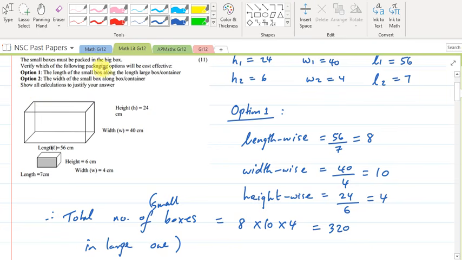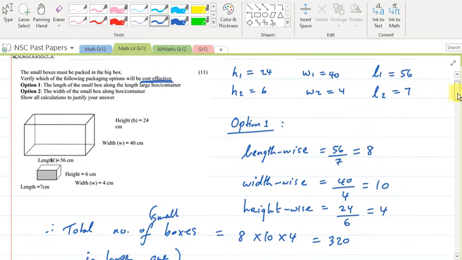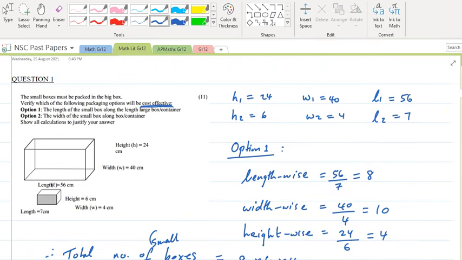They said verify which of the following packaging options will be cost effective, right? Cost effective, in other words, we want to maximize the space. Now option 2, the width of the small box along the box of the container. So let's look at option 2.